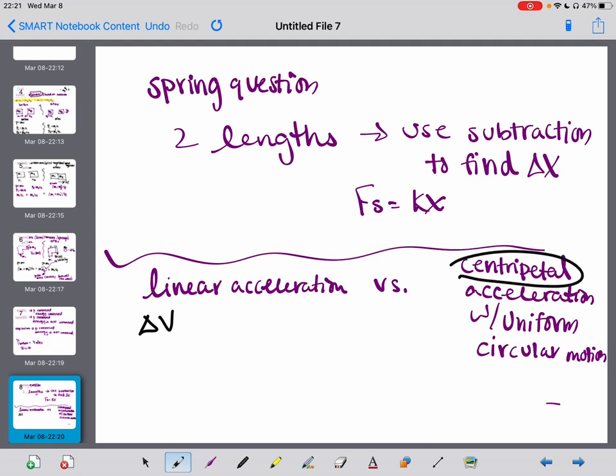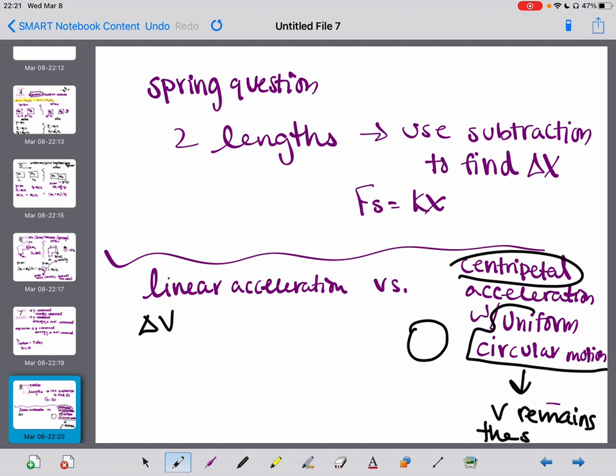Okay, centripetal, keep in mind I'm going around a circle. When I see this term uniform circular motion, I need to know that v remains the same. So my speed remains the same, which means that I'm accelerating because I am changing direction as I go around the circular path. Okay, so centripetal acceleration, it's considered accelerating due to a change in direction.